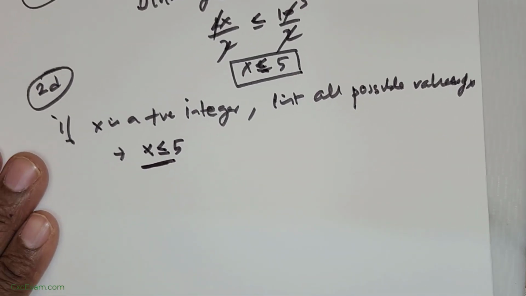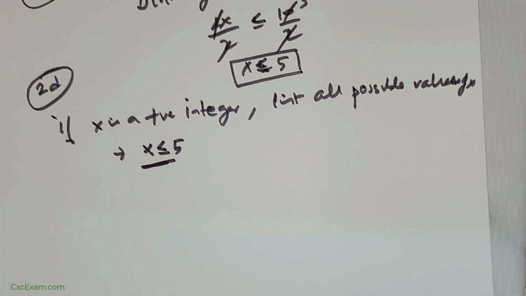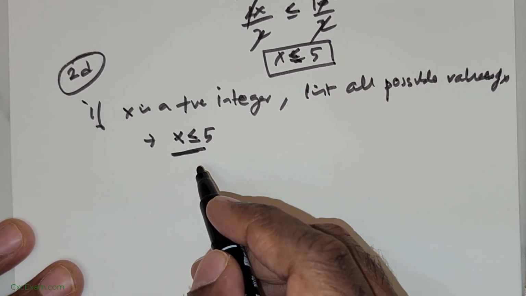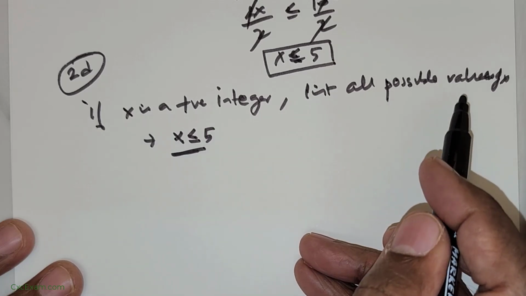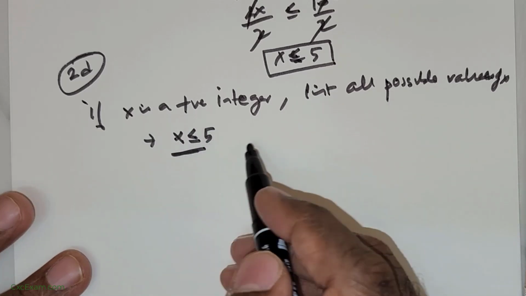I think this is what is being given. Now what would be the solution for this question? If x is a positive integer, list all possible values of x if this is the condition.